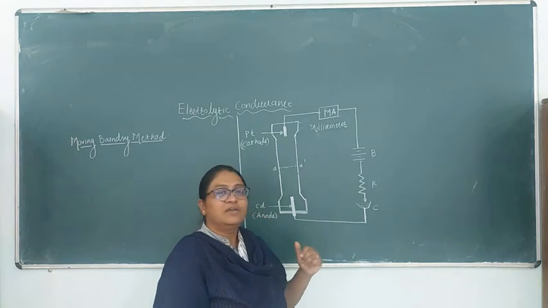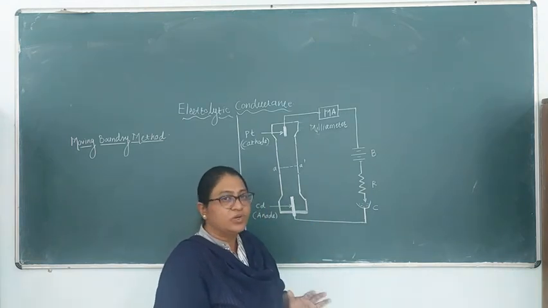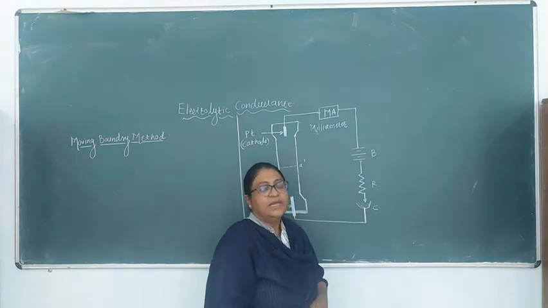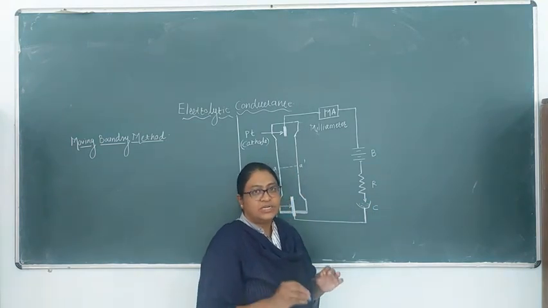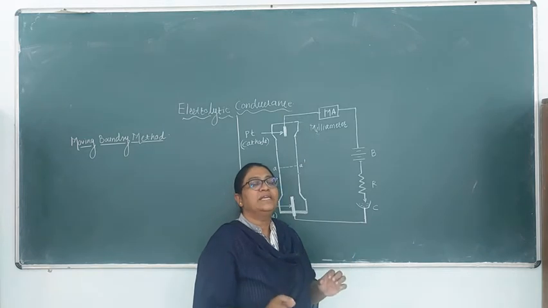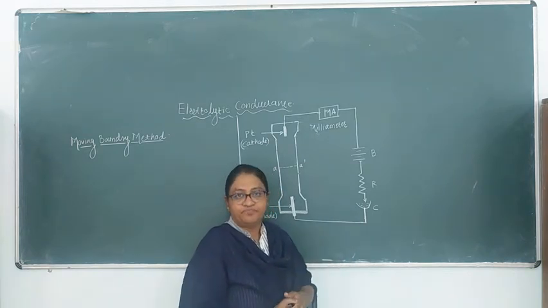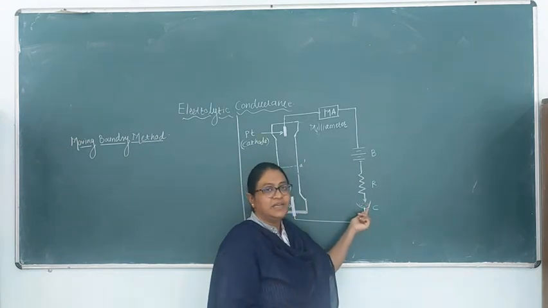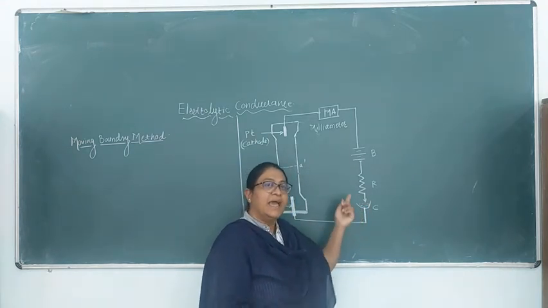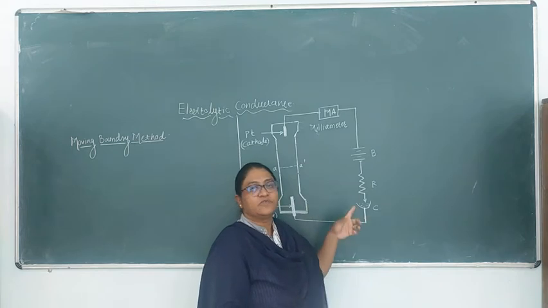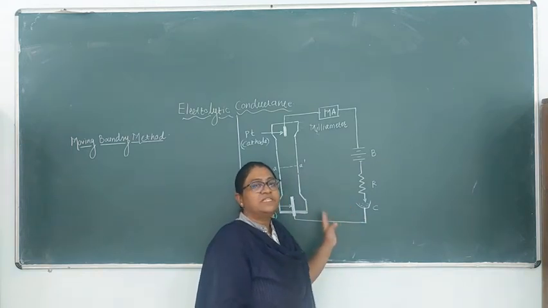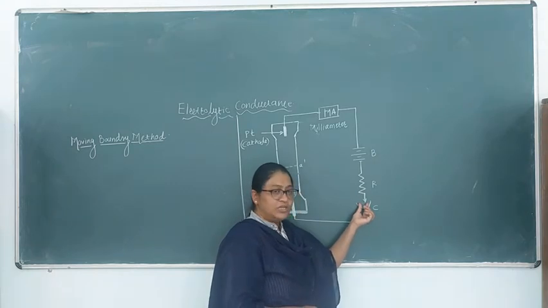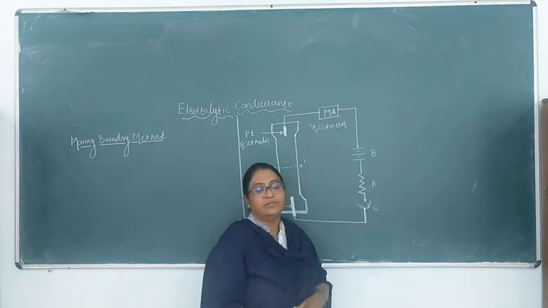To calculate the amount of electricity passed, what is done? The platinum dish is first washed, dried, and its empty weight is taken. After that, the silver nitrate solution is taken in it, and the electricity is passed for a certain time. After passing the electricity, the silver ions from the solution deposit on this platinum dish.